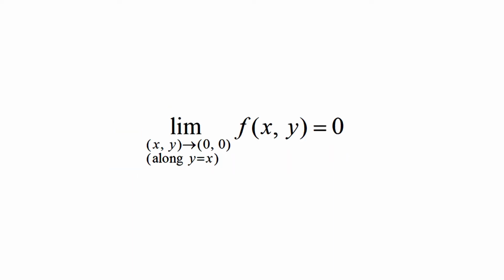Hence, the limit as (x, y) approaches (0, 0) along the curve y = x of the function f(x, y) is equal to 0.